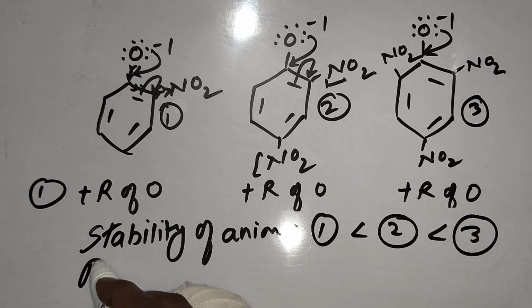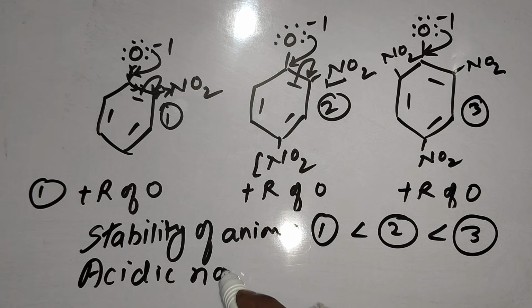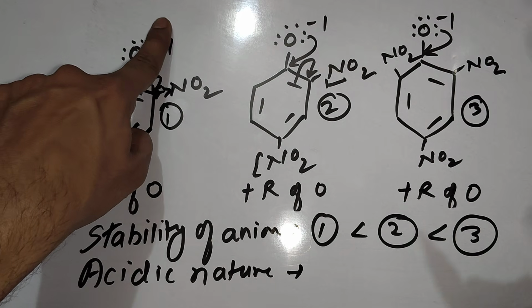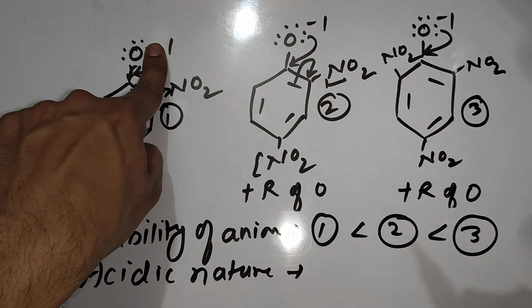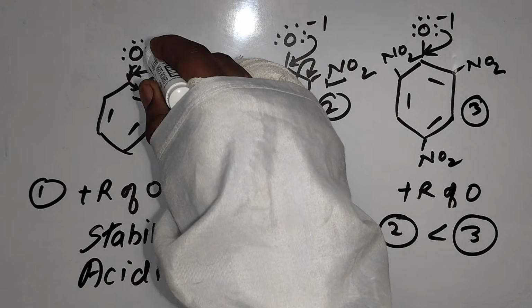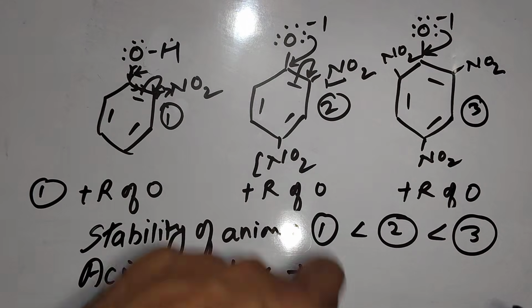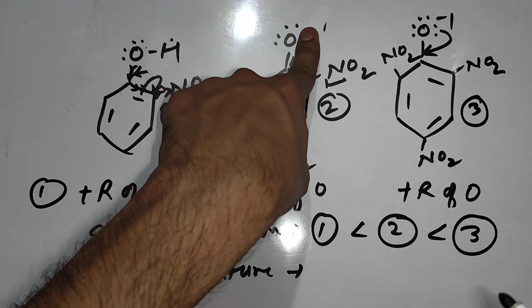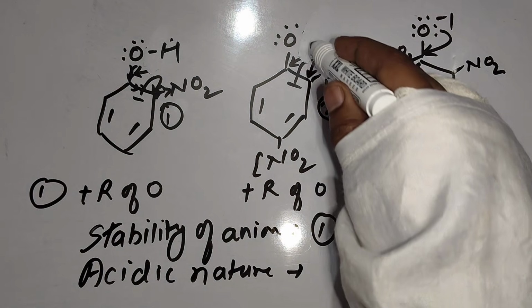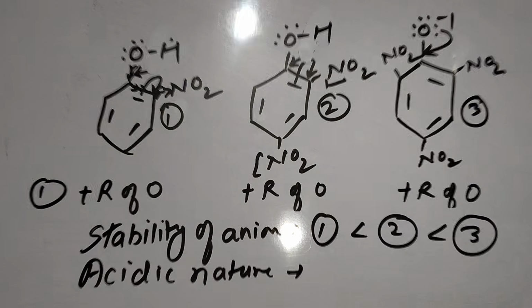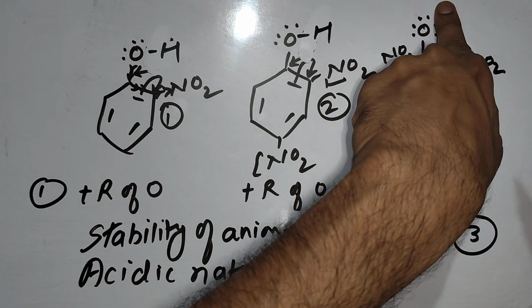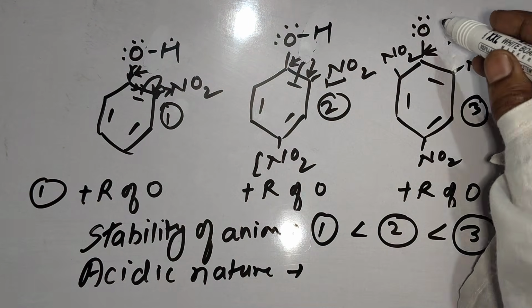And if I write the acidic nature of their molecules, means those molecules which generated them by the loss of H positive, like this was orthonitrophenol, this was orthoparanitrophenol, and this is picric acid.